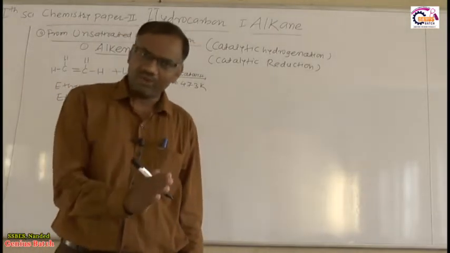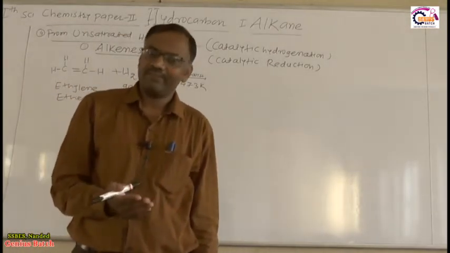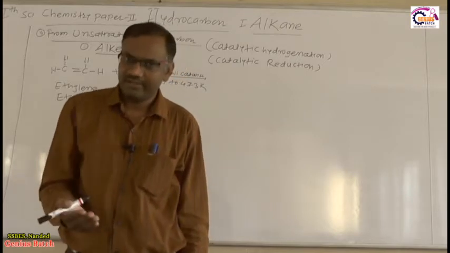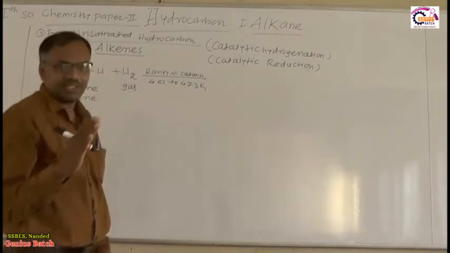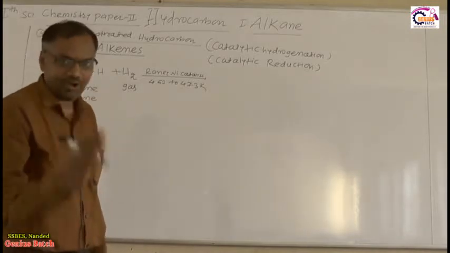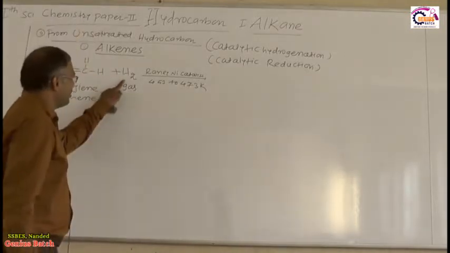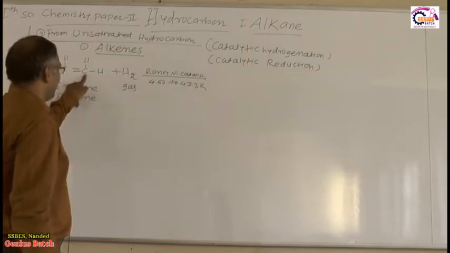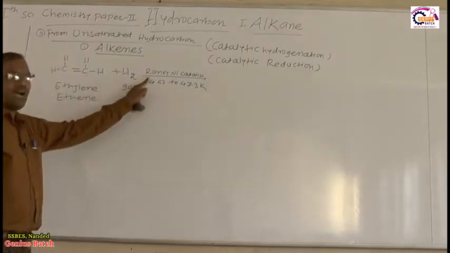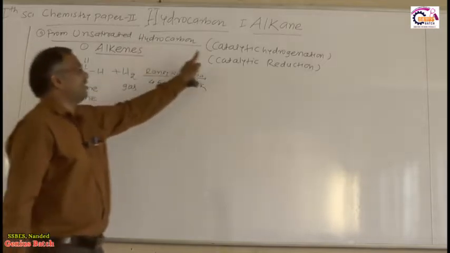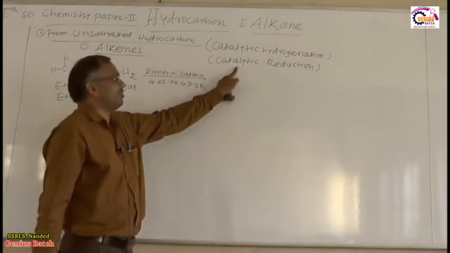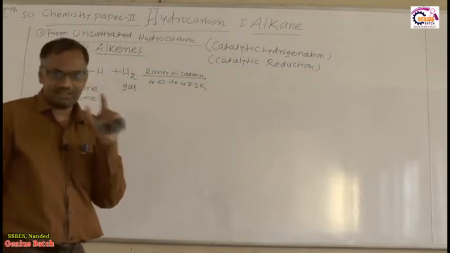Addition of a hydrogen molecule is called reduction. So why is it called catalytic reduction or catalytic hydrogenation? Because the hydrogen molecule is added across the carbon-carbon double bond by using the nickel catalyst. Therefore, this is called catalytic hydrogenation or catalytic reduction.